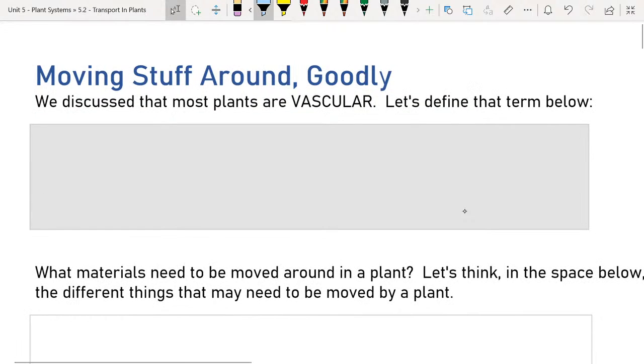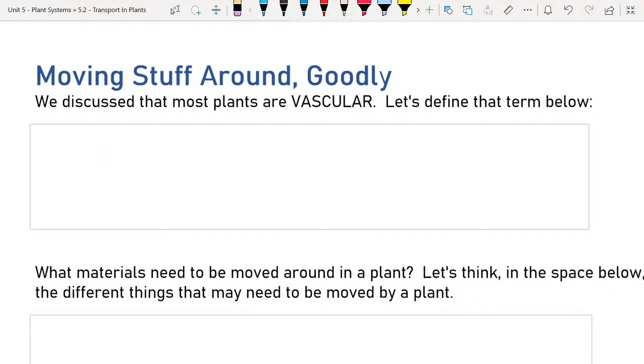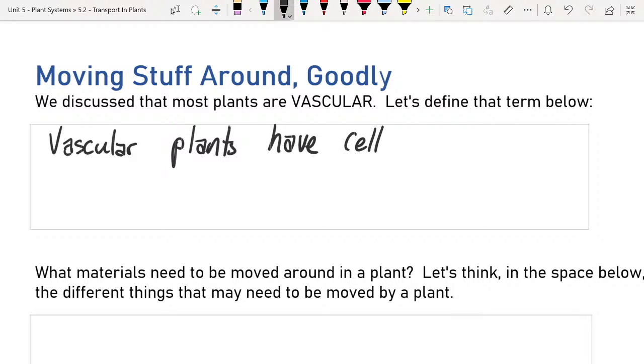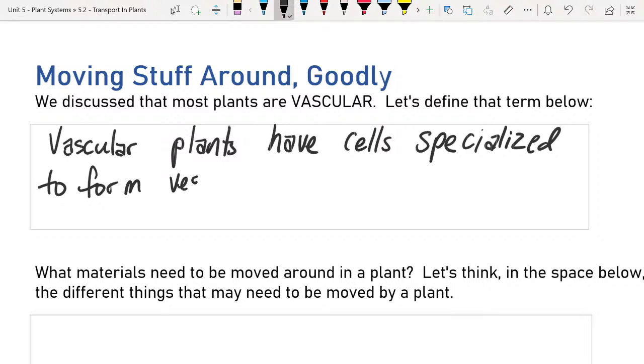Let's define that term below. We're just going to say vascular plants have cells that are specialized to form vessels to transport fluids throughout the plant.